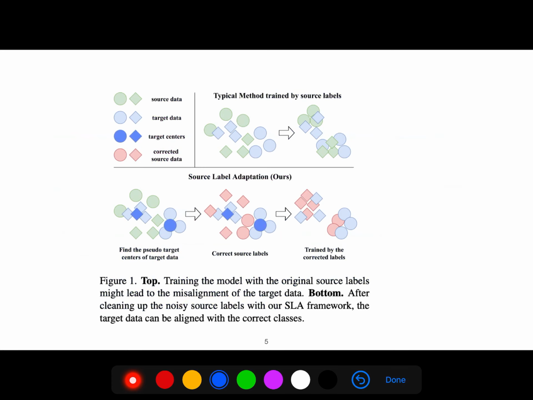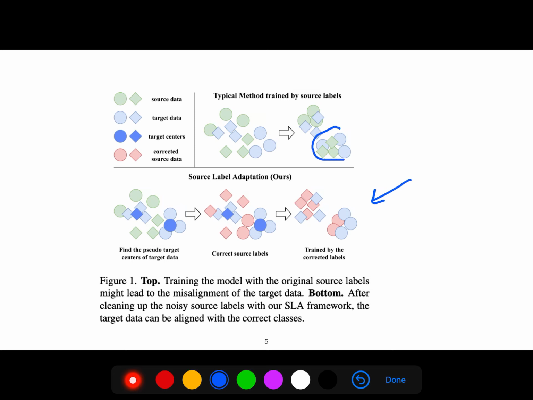So on the top you see training the model with the original source labels might lead to a misalignment of target data. But on the bottom here, you see that after cleaning up the noisy source labels with our SLA framework, the target data can be aligned with the correct classes.